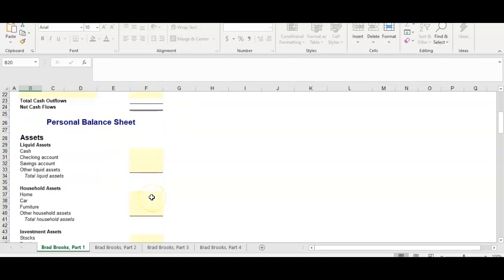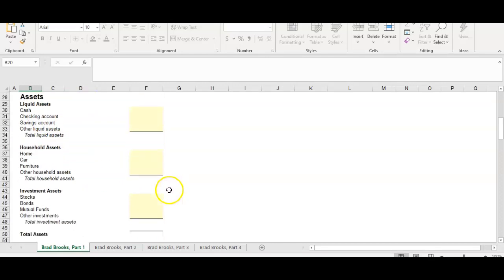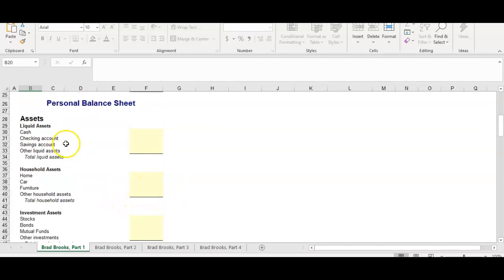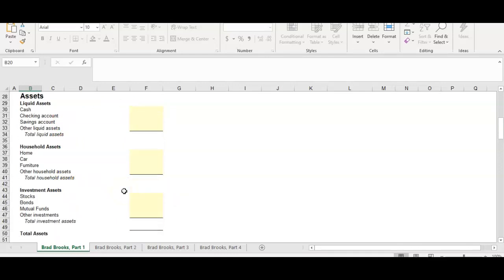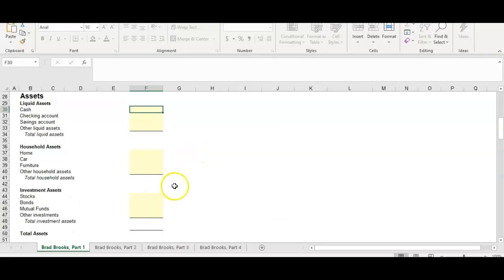Next, prepare a personal balance sheet for Brad. You have the different asset accounts here: the liquid assets, the household assets, the investments. Now, he may not necessarily have all of these. These are just slots. So you will put an amount next to the categories that Brad has according to the information given here under part one.